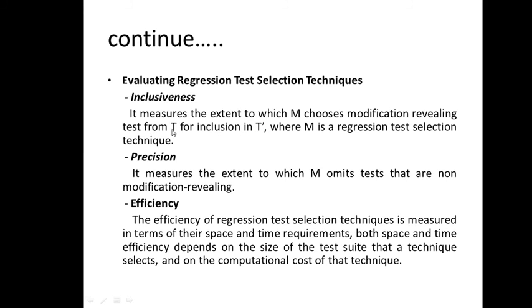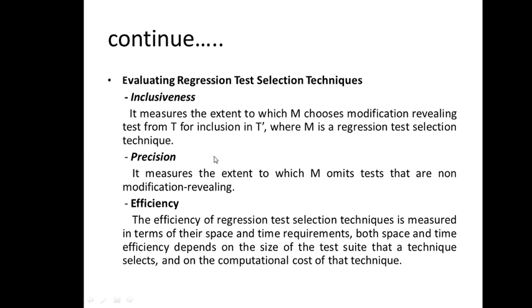That means which tests will be included in T dash, and they are capable of choosing modification revealing tests, right? Select only those test cases which can reveal the modification. What is M? It is a regression test selection technique. So inclusiveness: how many test cases are included in T dash?